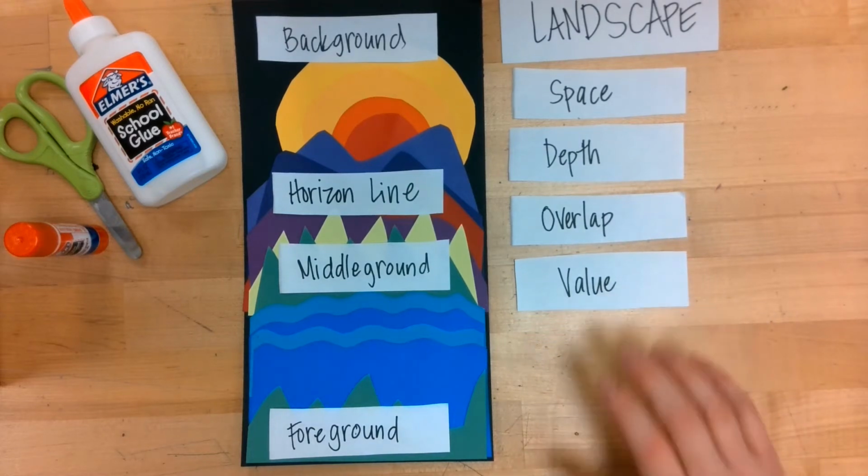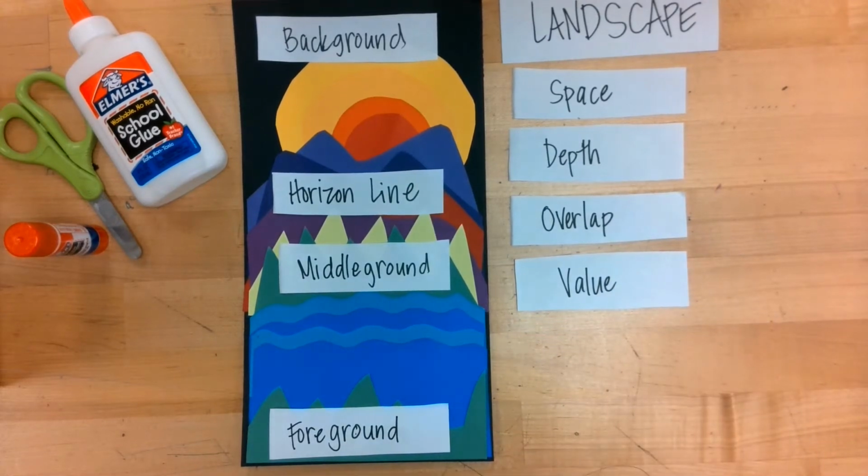We also pay attention to the color value. The further away something is from us, the lighter in color it will appear. Even if you were to walk all the way close to it, it might still be the same color green. It is actually the atmosphere that helps change that value and make that color appear lighter in value.